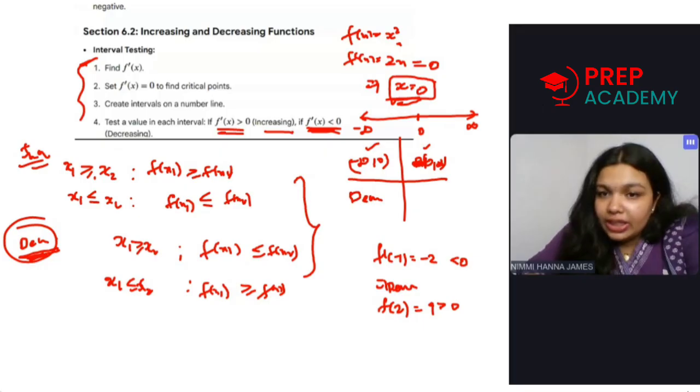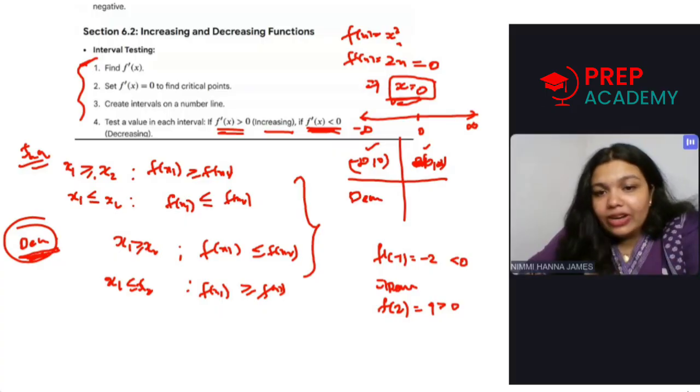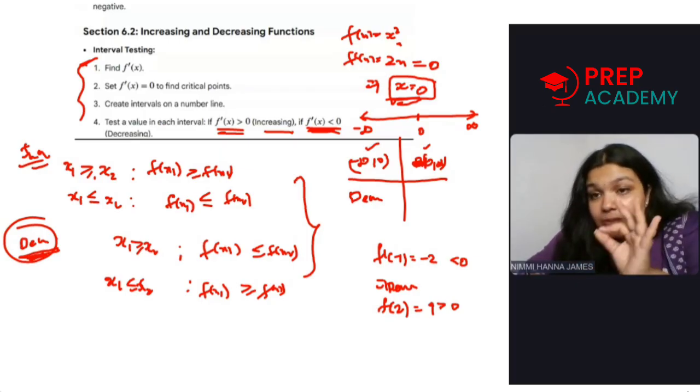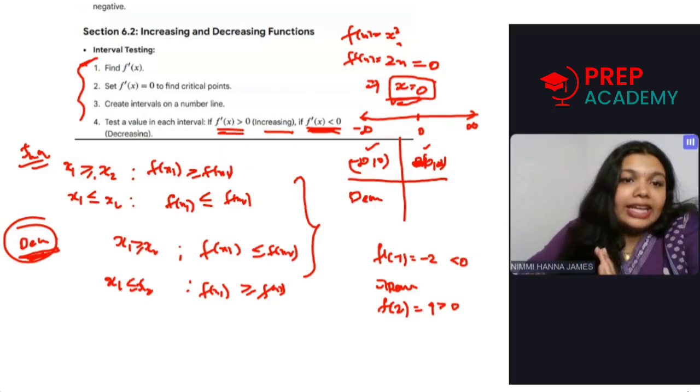So we found the critical point, marked it on a number line, and divided it into two intervals: minus infinity to 0 and 0 to infinity. We took a random point from each interval, minus 1 from this one. We substituted in f dash of x, not in f of x, and found that the f dash value is less than 0.